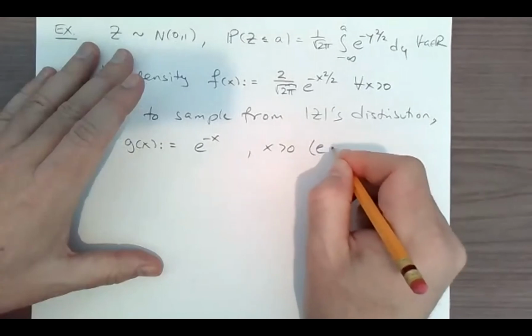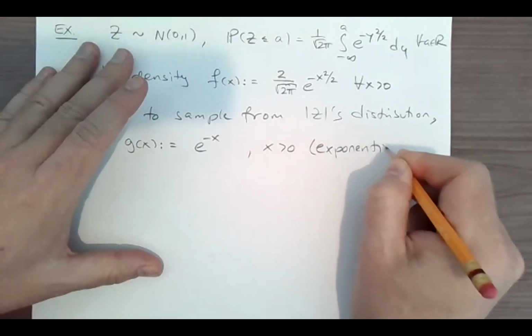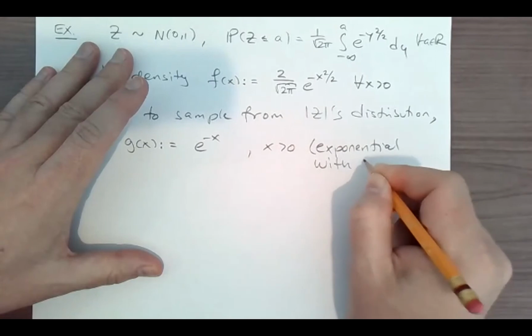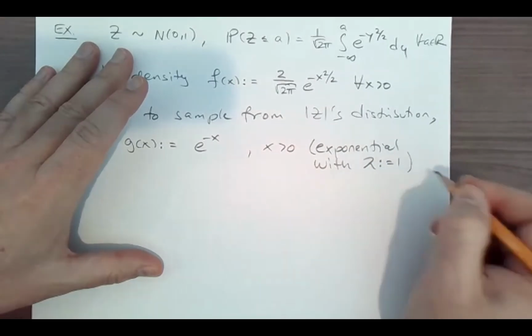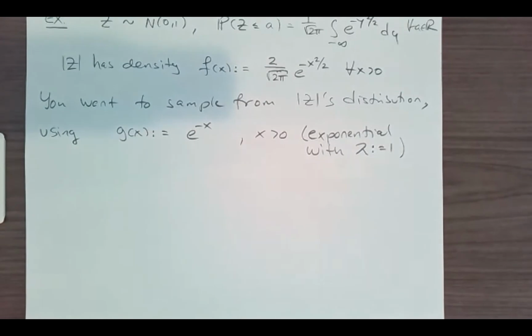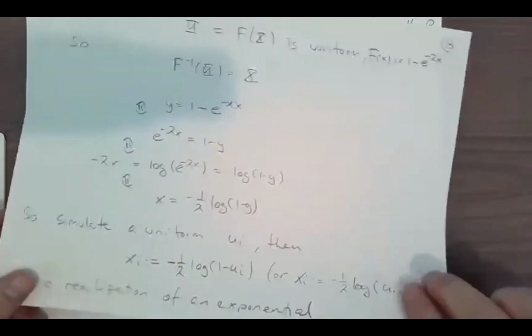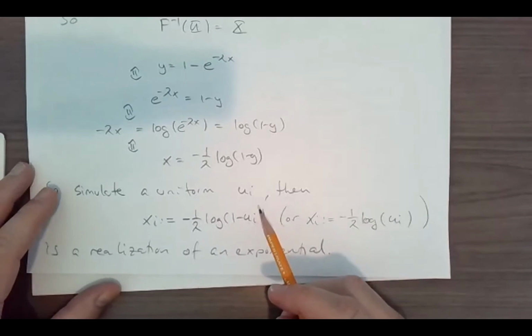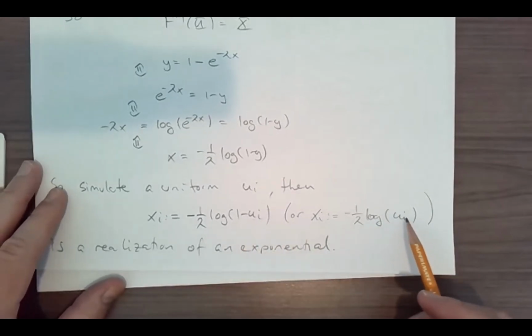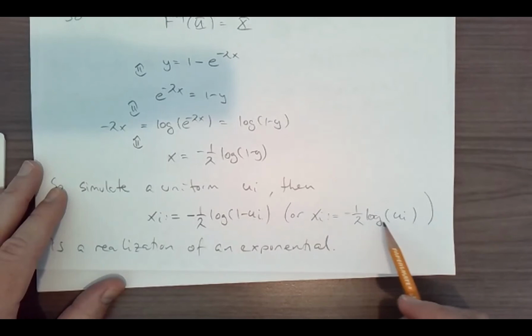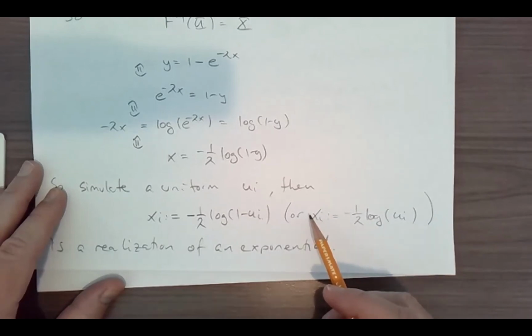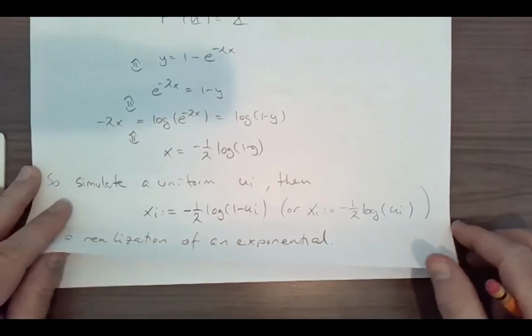This was the exponential from before, where I put lambda just to be 1. Right, so we know from before that we can sample from the exponential. From the calculations that we did, we simply take a uniform, plug it into this formula, and you're going to get an exponential. So we can sample from an exponential.